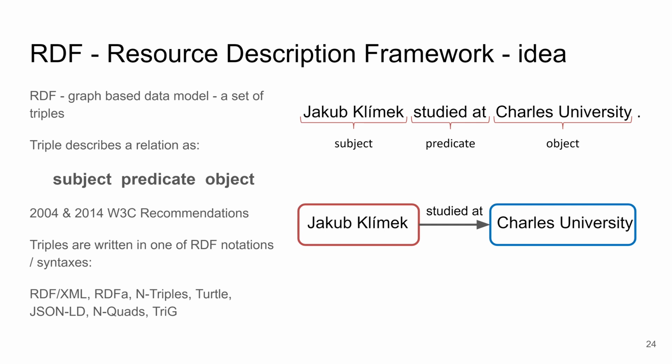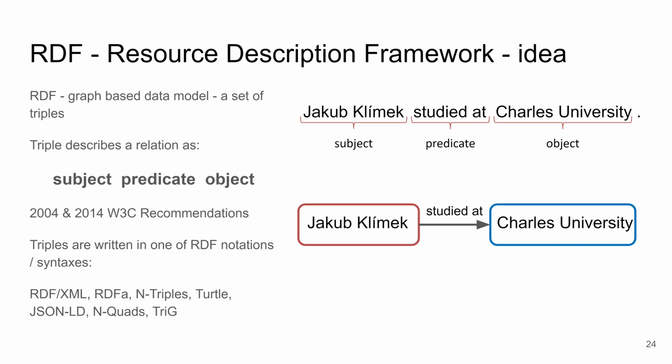And the graph is oriented, so the edge, the predicate, always goes from the subject to the object. So graphically, we can view it as a graph. We have nodes in circles, and we have edges which are labeled. So we know that this edge between Jakub Klimek and Charles University is labeled by studied at.